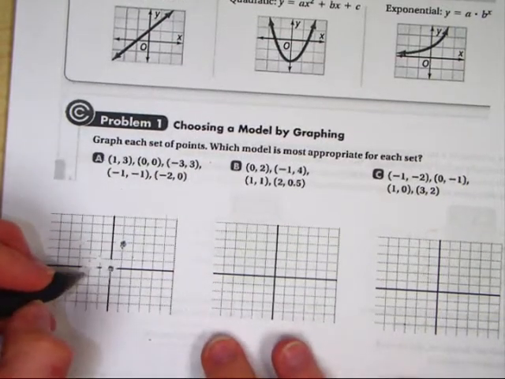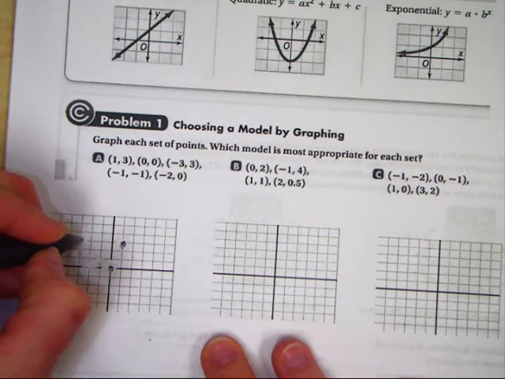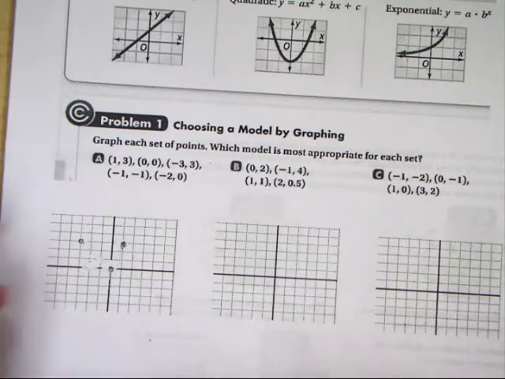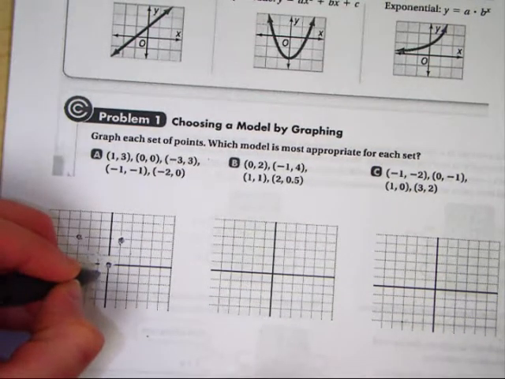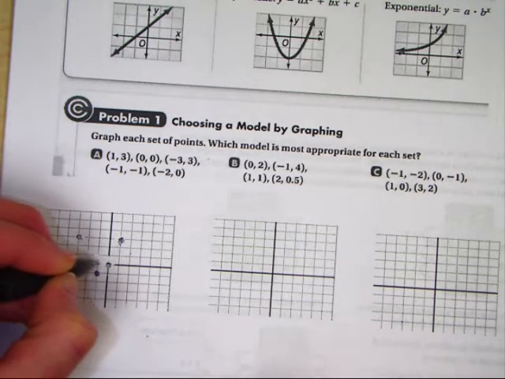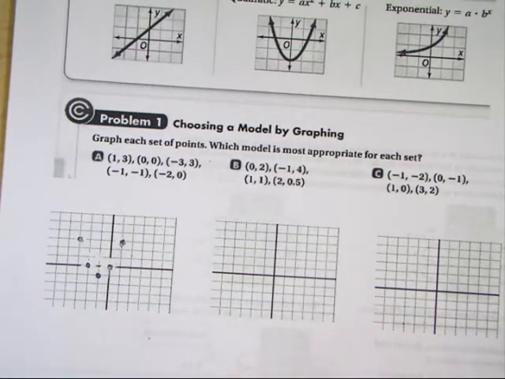Negative 3, 3 is to the left 3 and up 3. Negative 1 is to the right 1 and down 1. And negative 2, 0 is to the left 2, up 0.